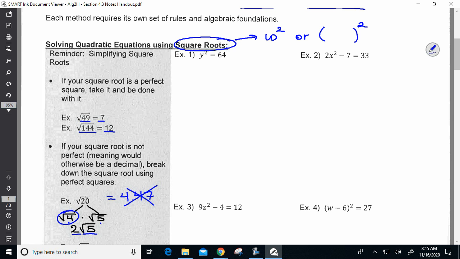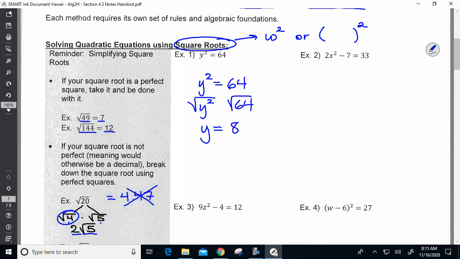That's really the only opportunity that you have to use square roots. So if we look at y squared equals 64, there's nothing in front of it, there's nothing behind it, so we can go right ahead and take the square root of both sides. So y is equal to the square root of 64, which is 8.